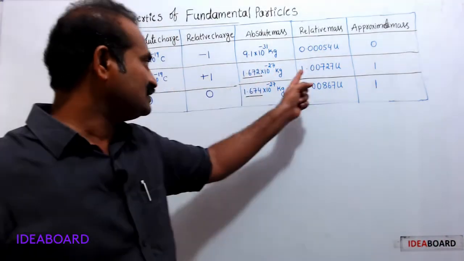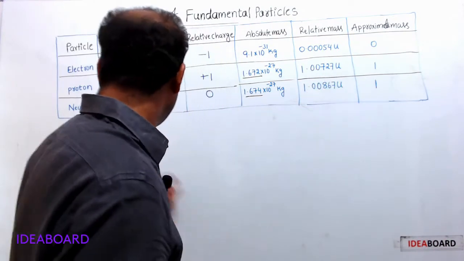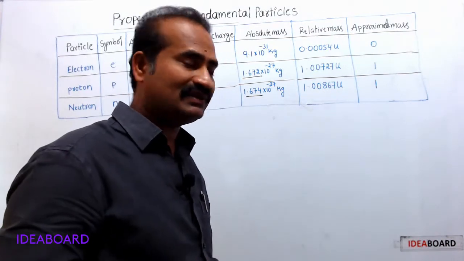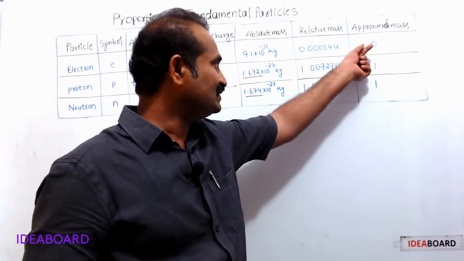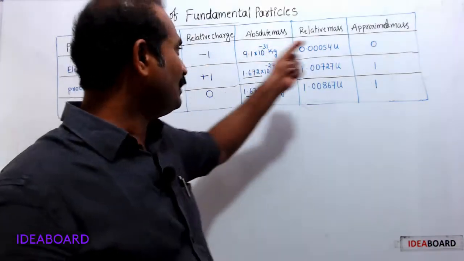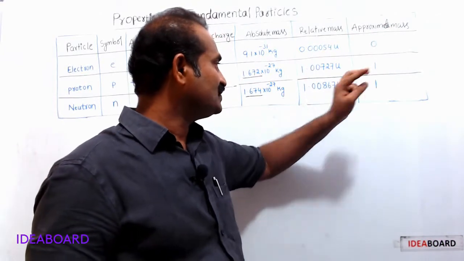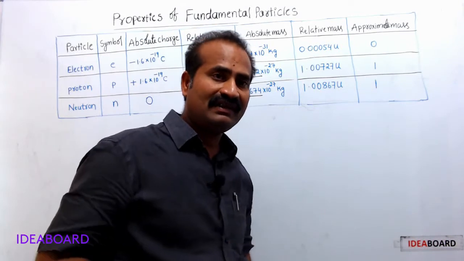Relative mass of proton is 1.00727 unified mass unit. Relative mass of neutron is 1.00867 unified mass units. Approximate: for electron, the approximate mass is 0, not exactly 0. Exact mass is this. So approximate mass of proton is 1, approximate mass of neutron is 1.